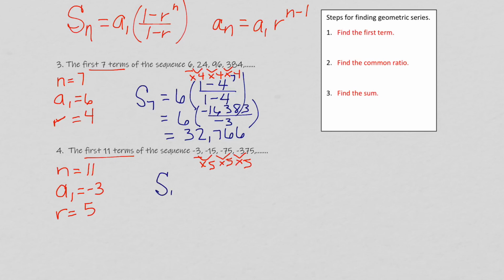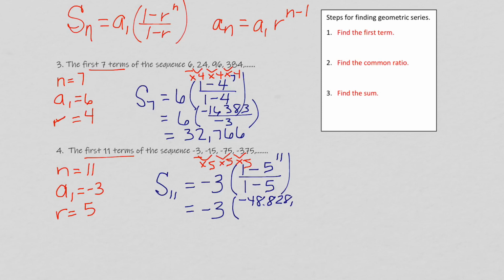So the summation of the first 11 terms is going to equal my first term of negative 3 times 1 minus my ratio of 5 to the 11th power. It's going to be a big number. And 1 minus 5. And when I start simplifying this, I would get negative 3 times 48 million 828,124 divided by negative 4.